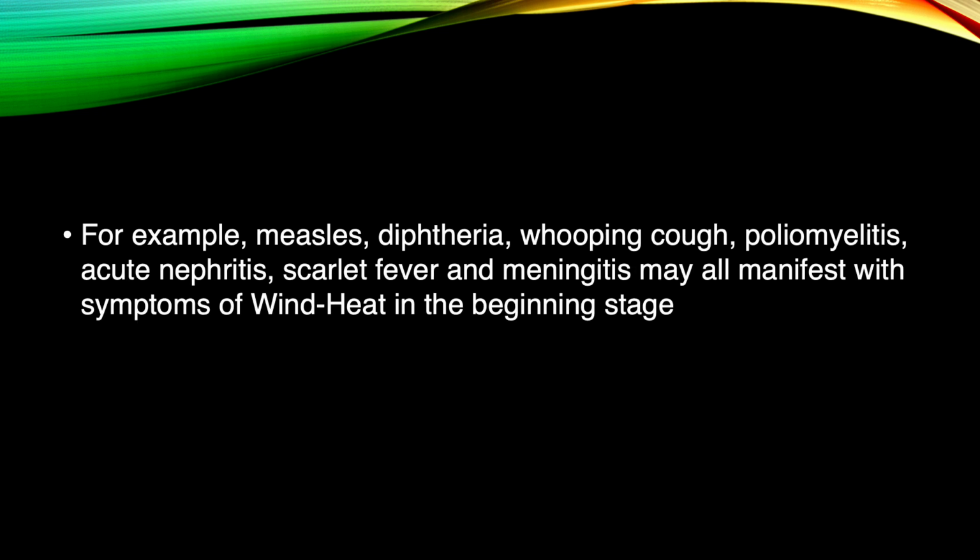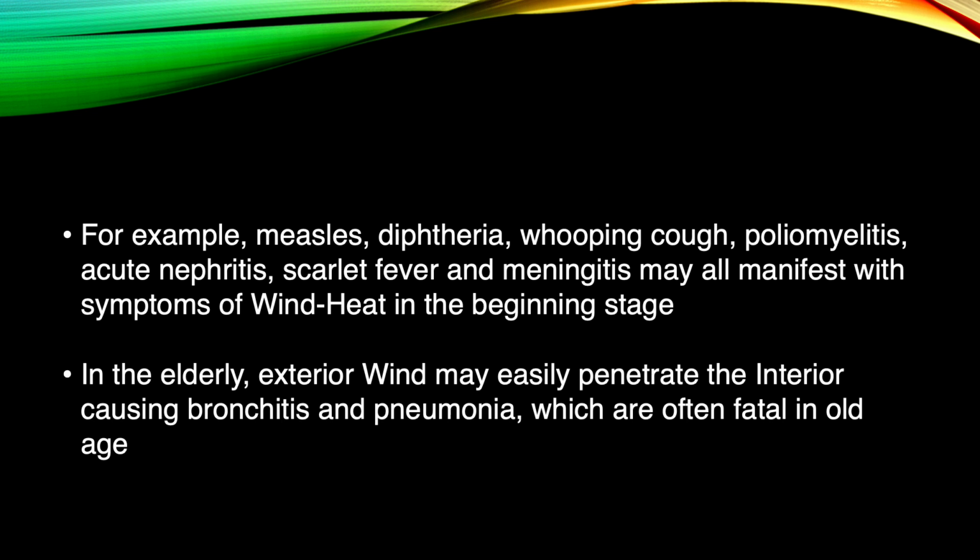For example, measles, diphtheria, whooping cough, poliomyelitis, acute nephritis, scarlet fever, and meningitis may all manifest with symptoms of wind heat in the beginning stage. In the elderly, exterior wind may easily penetrate the interior, causing bronchitis and pneumonia, which are often fatal in old age.